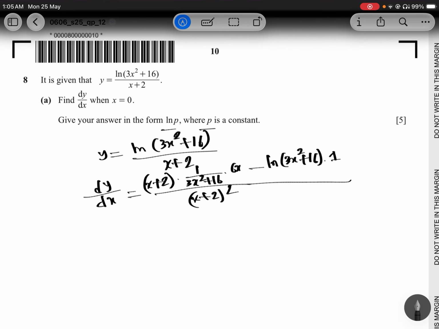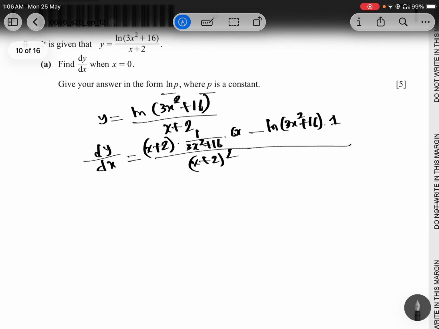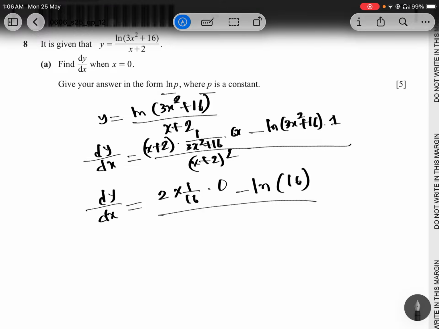Okay, so I have to write it like ln of p. So I can input the value of x is 0. That would become much easier for me. That means 2 here into 1 by 16 into 0 here, perfect 0, minus ln of 16 by 4.